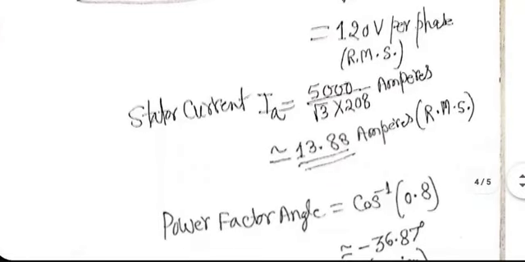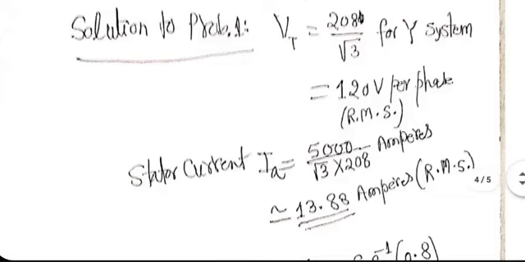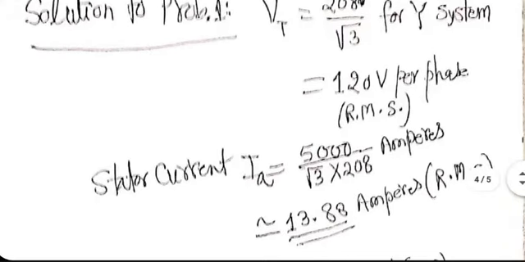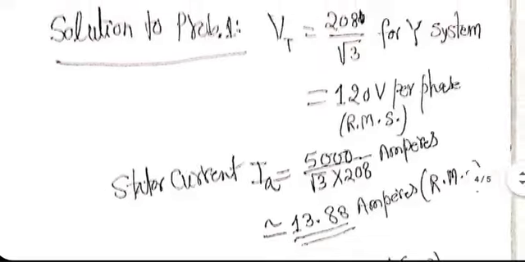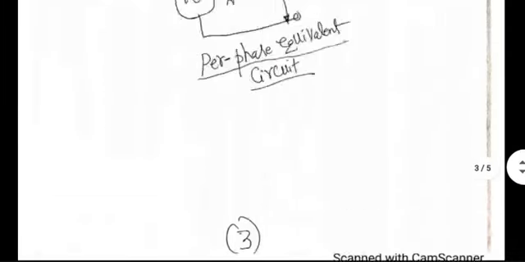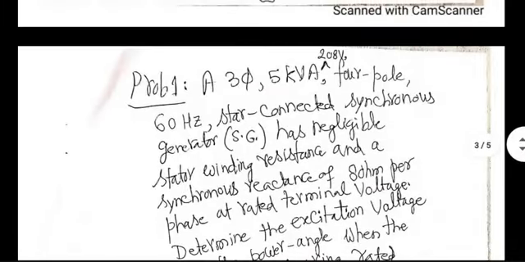So the magnitude of IA will be kVA divided by VT divided by... we should just be careful here a little bit. 5,000. In fact, if you recall, I had told you this is the kVA rating for the three phases together, not one phase. Okay, so we've got to interpret this very carefully.